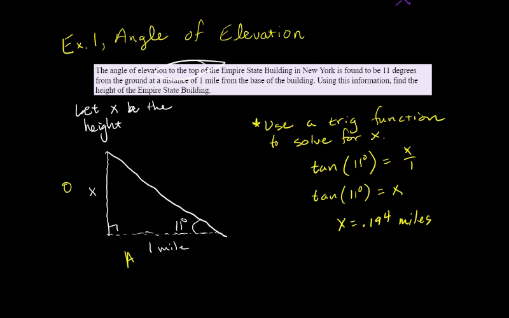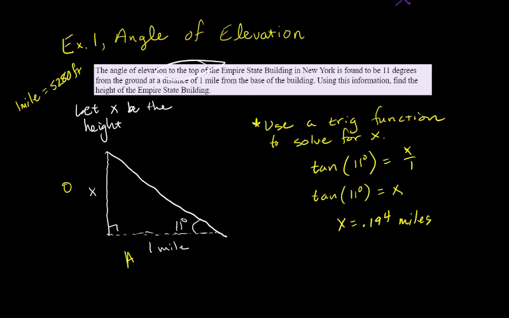So somebody might ask for this in feet. So if you remember, the conversion is 1 mile is 5,280 feet. So I might multiply 0.194 by 5,280, or tangent of 11, whatever that ended up being, and multiply by 5,280, so that I could then see what the actual amount is in feet.